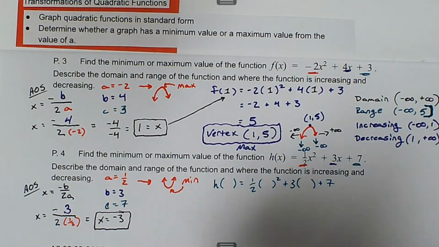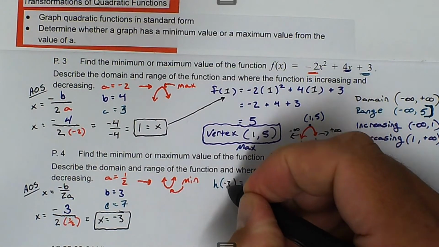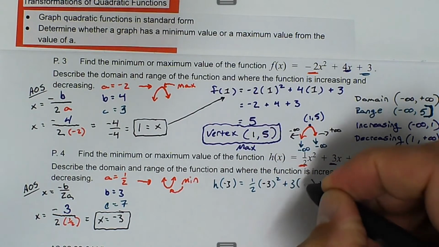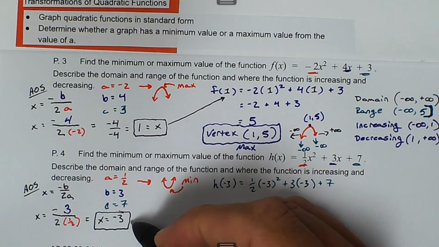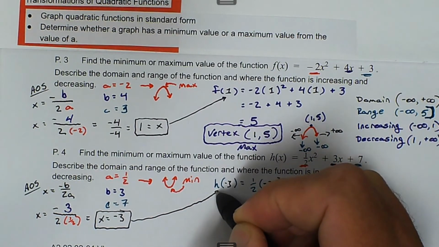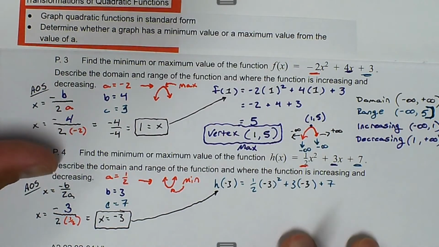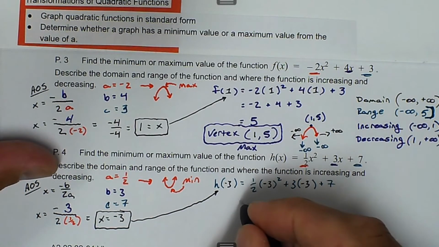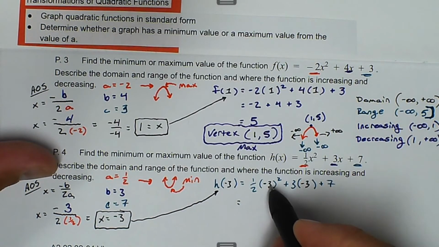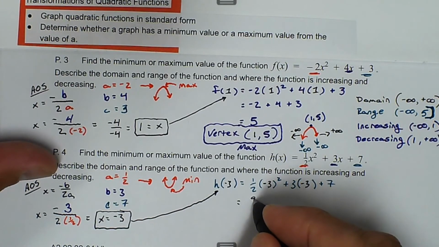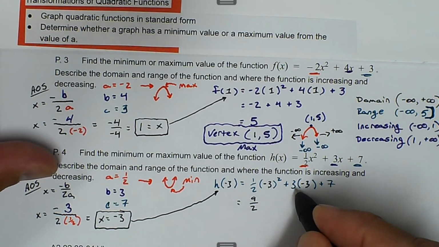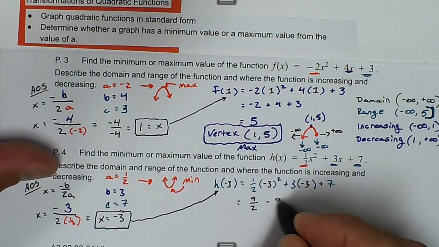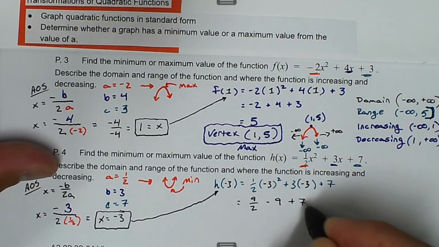And we can substitute the negative 3 in for all the x's. And what we get is negative 3 squared is 9. 9 divided by 2 is 9 over 2. 3 times negative 3 is negative 9 plus 7.